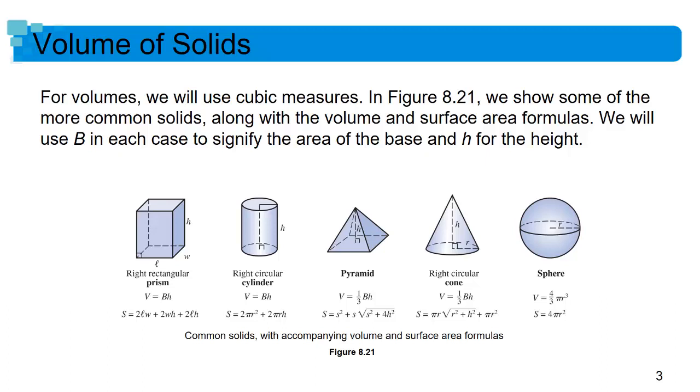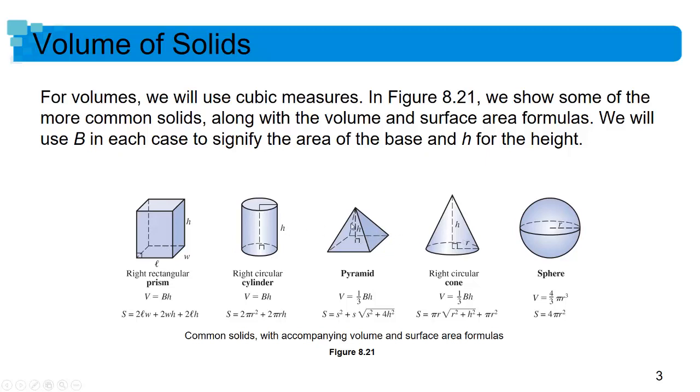So a right circular cylinder is just a version of a right rectangular prism, which is why they both have the same formula: volume equals base times height. Because they're both following the rule that they have a base and then the walls are perpendicular, perfectly parallel to that base.